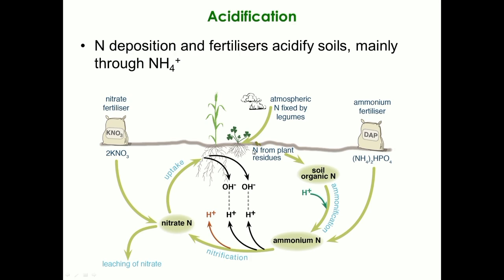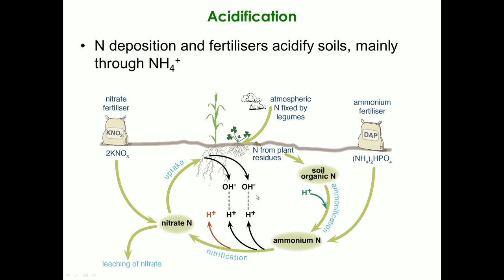So nitrogen is constantly being broken down from decaying organic matter, so decaying plants, decaying animals will release organic nitrogen that's then broken down in the soil by microorganisms. So there's ammonification reactions which will convert that organic nitrogen into ammonium, and that reaction consumes protons. Protons, of course, are key determinant in the pH of the soil and the acidity of the soil.